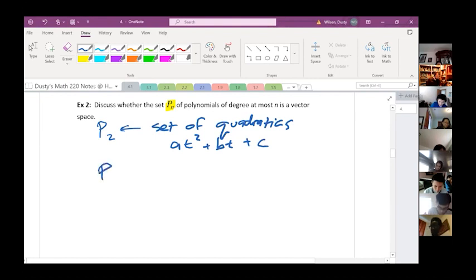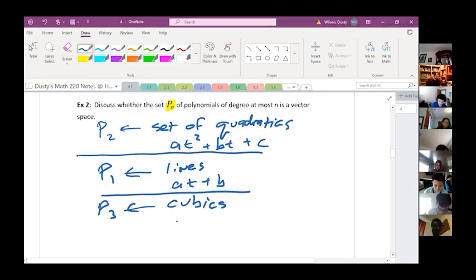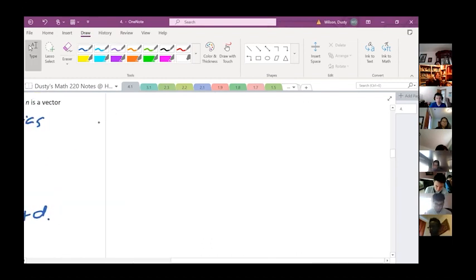Or P1 would be the set of all lines. And this includes through the origin and not through the origin. So this would be like at plus b, or P3 would be cubics, at cubed plus bt squared plus ct plus d. So Pn would be the set of nth degree polynomials.